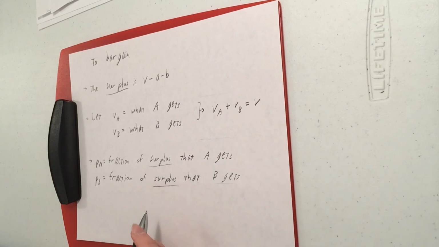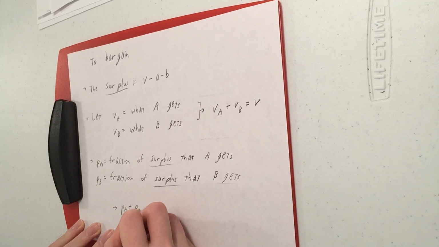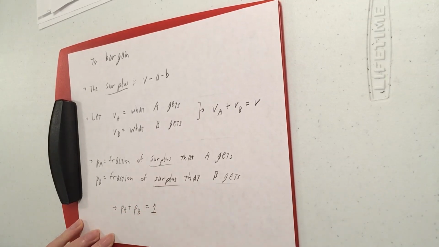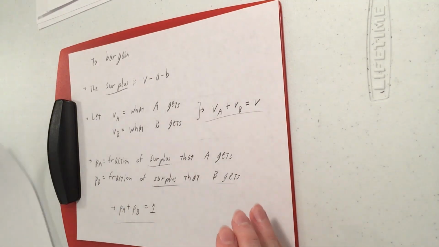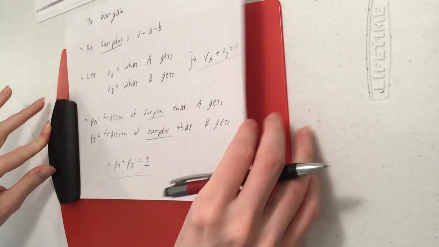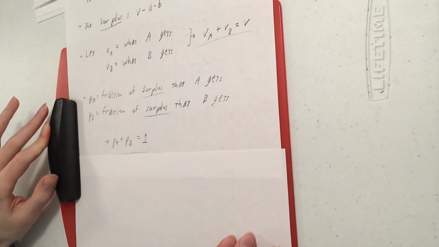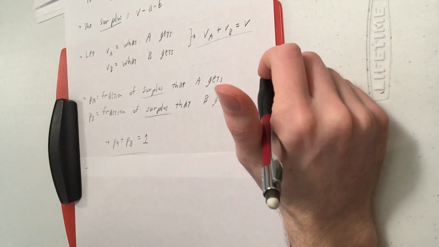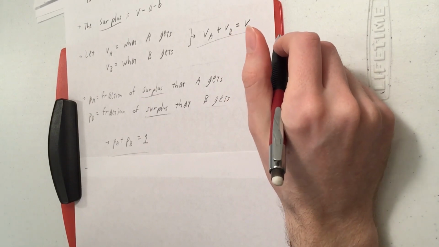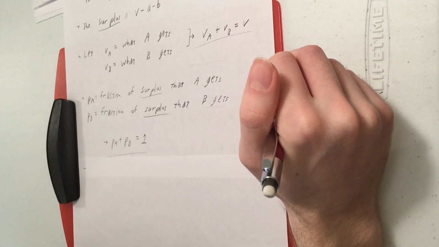So because these are proportions, we know that they have to sum to 1. So the first insight here in Nash bargaining is that each player must get at least their BATNA in any negotiation.